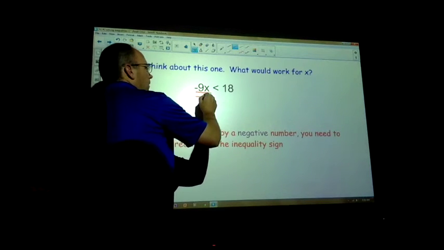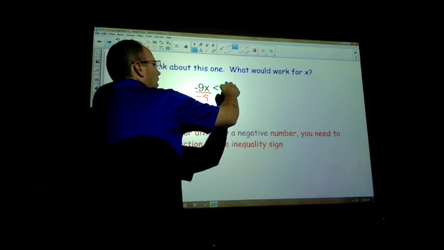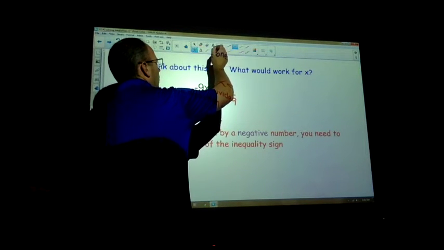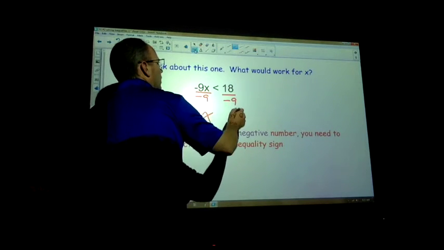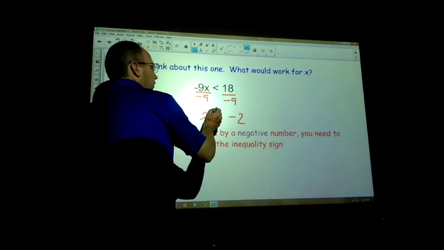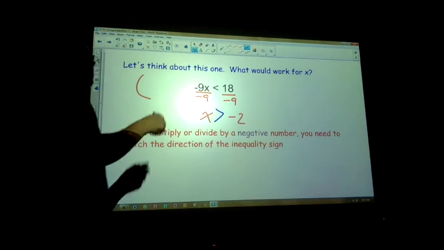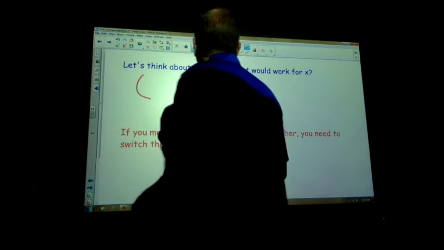So if I divide each side by negative 2, the sign needs to flip. If I divide by a negative, I have to flip the sign over. If I divide or multiply by a negative to get it over on the other side, I have to flip the sign over. So let's make this work.